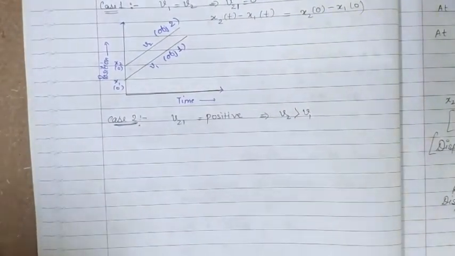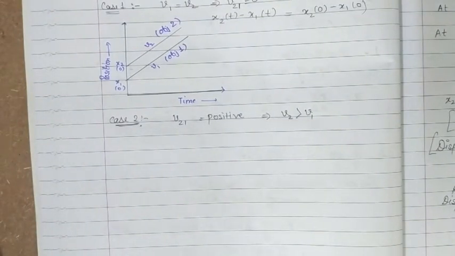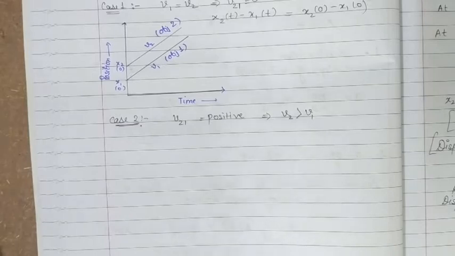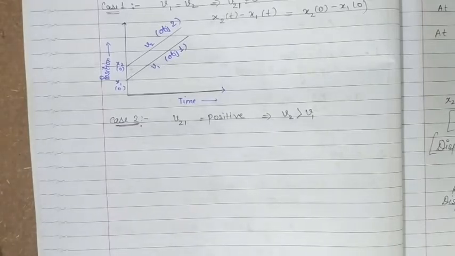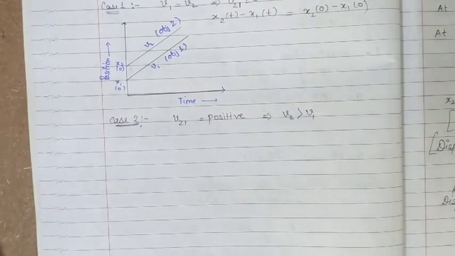So we are assuming that object 2 is moving faster in comparison to object 1. In that case the position time graph gradually moves apart, meaning the separation between the two lines will increase as the velocity of one object is more than that of the other.